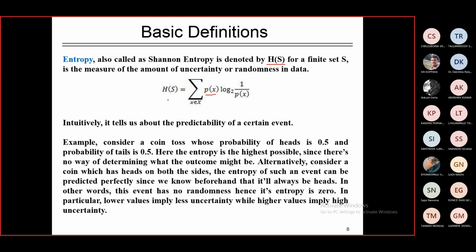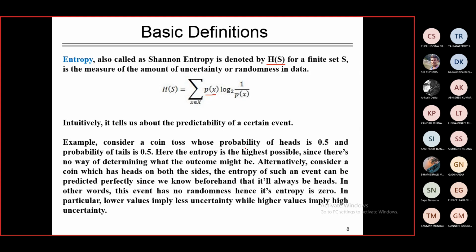For example, I toss a coin whose probability of heads is 0.5 and probability of tails is 0.5. Here the entropy is the highest possible because there is no way to determine what the outcome might be. That cannot be determined before we toss the coin.